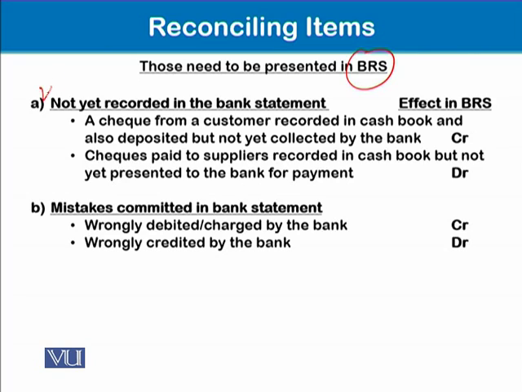Number 1A, these are not yet recorded in the bank statement, which include a check from a customer. You as a business accountant received a check from a customer. You correctly record that check in your cash book, and also you have deposited it in the bank. But the issue is that it is not yet collected by the bank.